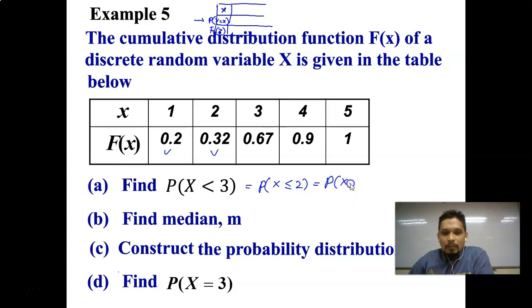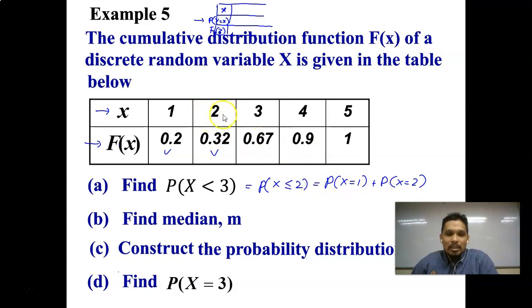Probability of x equal to 1 plus probability of x equal to 2. Probability of x equal to 1: do you find any value of it here? No, because it's only x and the cumulative function of x. There is no probability.